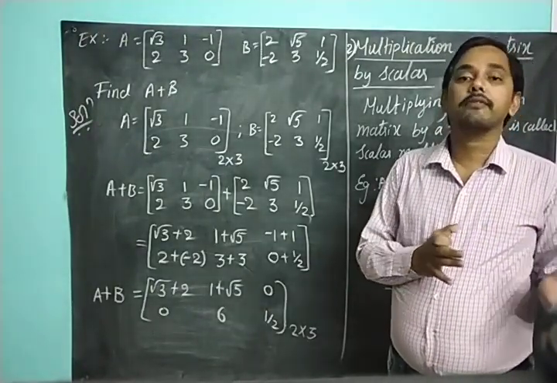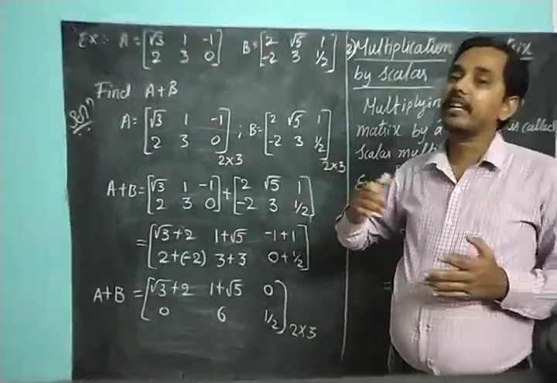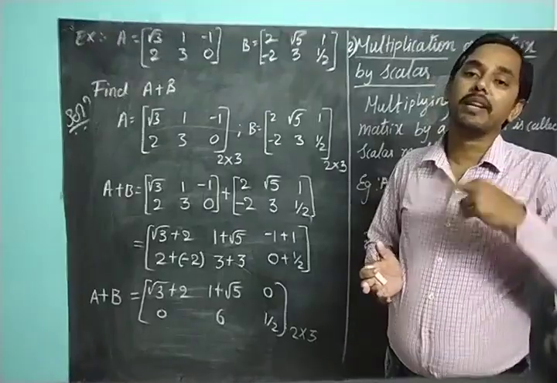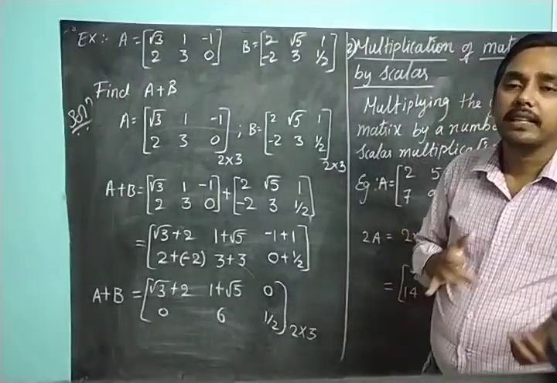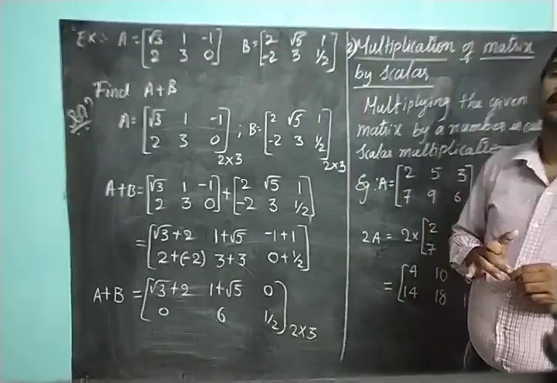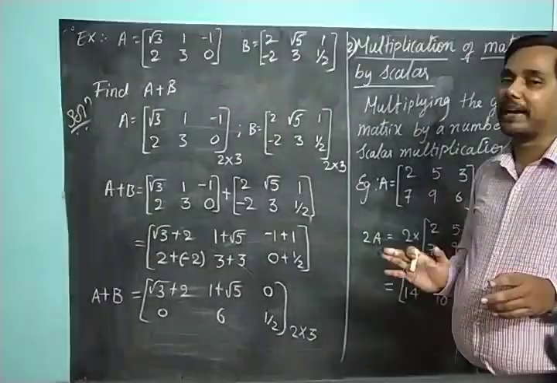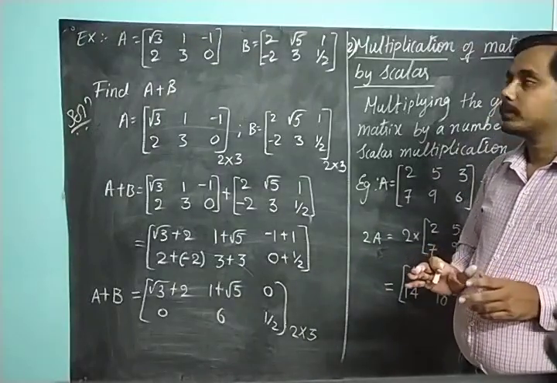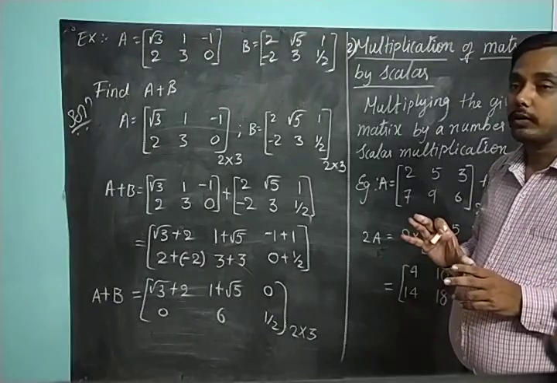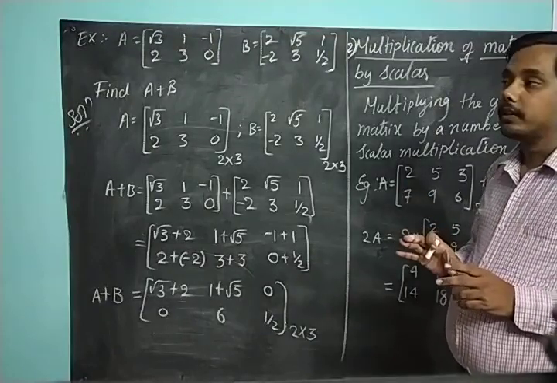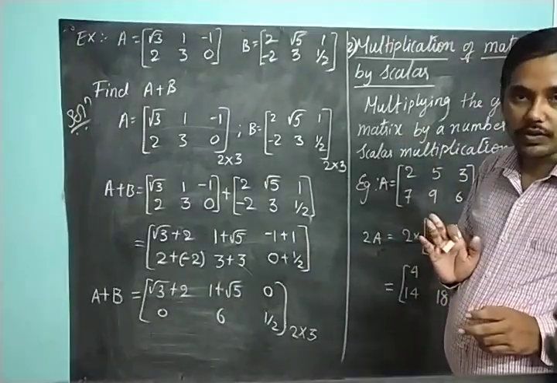Whatever buses were there initially will get multiplied by 2. If the number is tripled, whatever number of buses or taxis were there will get multiplied by 3. That is nothing but scalar multiplication of a matrix. Is that clear? I hope the things are very clear here. There should not be any confusion. So pause the video and take down the notes.